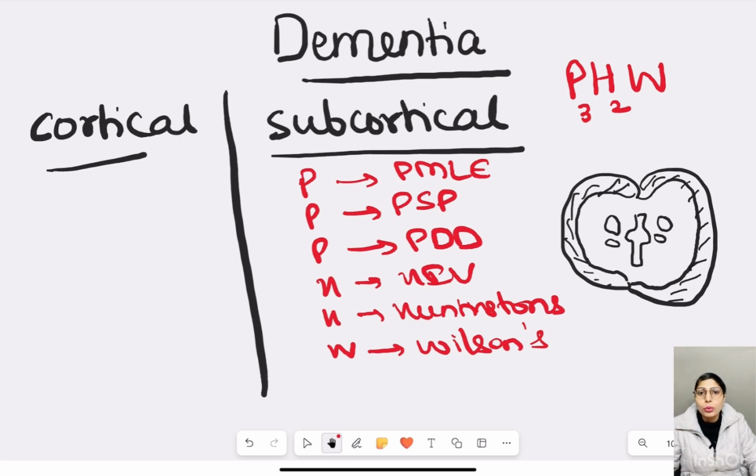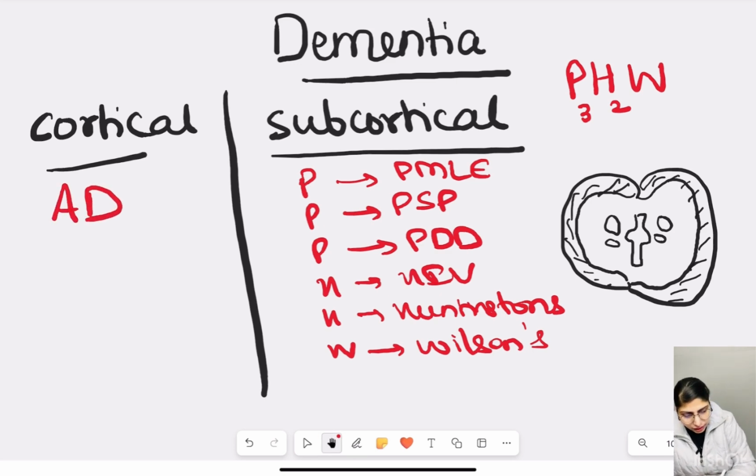Progressive multifocal leukoencephalopathy. See, the word in itself tells you leuko means white matter. Encephalopathy is involvement of the brain structures or the tissue. So PML is a subcortical thing. So PML, PSP, PDD, HIV, Huntington's and Wilson's are subcortical dementias.